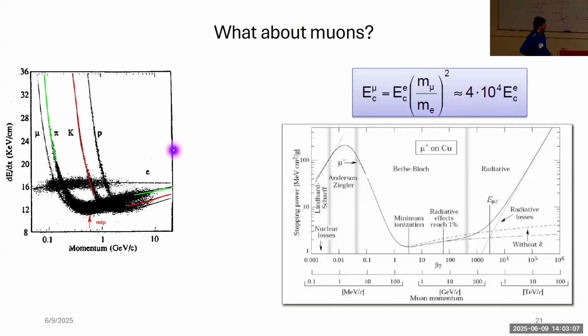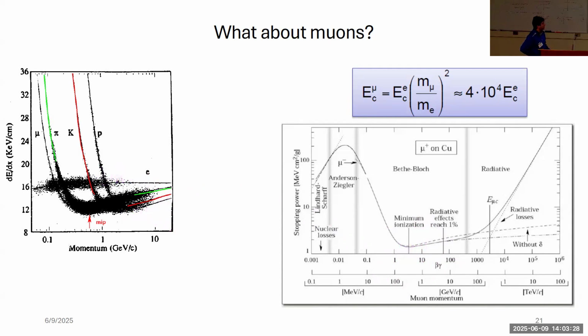So muons would tend to lose energy through ionization, and for a large range, they're somewhere close to what we call minimum ionizing particles. So they're basically at this valley of energy loss for ionization.